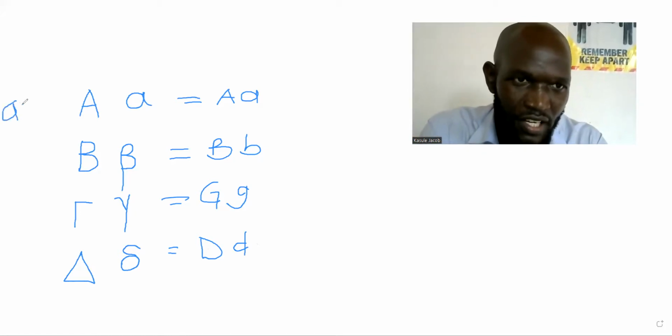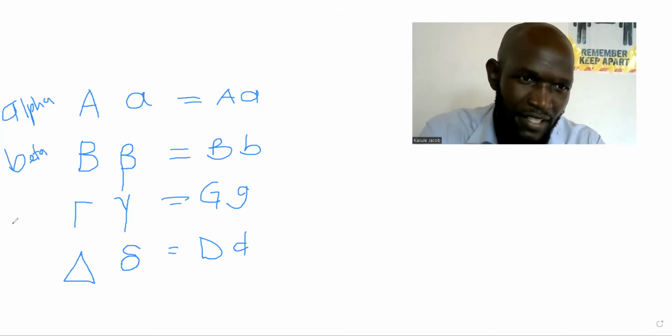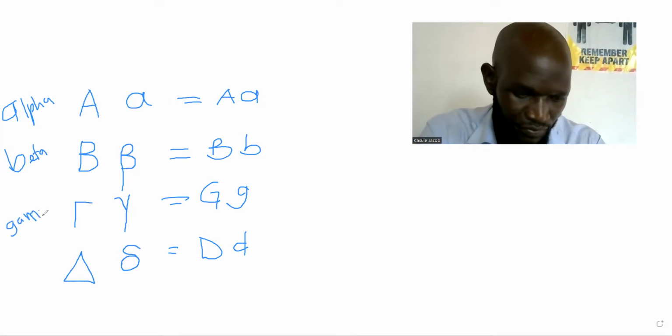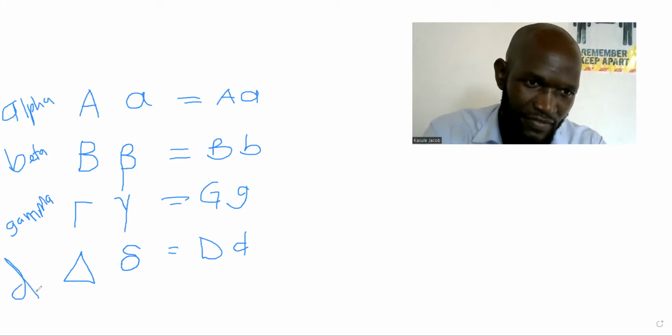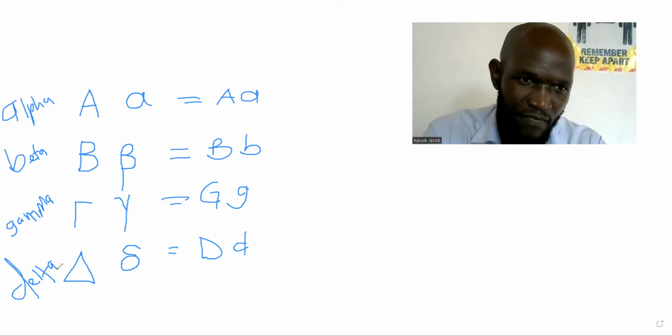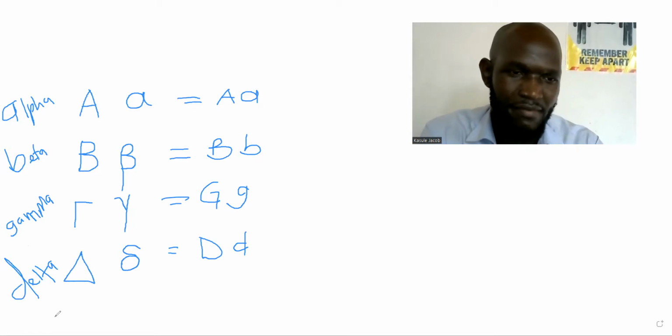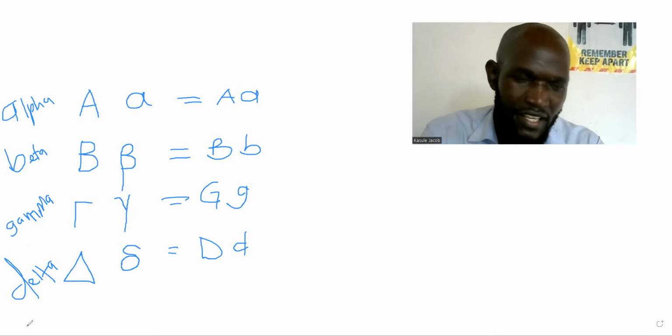And so alpha, all right, beta, gamma, so double M, A, alpha, beta, gamma, delta, D-E-L-T-A, and then alpha, beta, gamma, delta, and then the next one is letter epsilon.